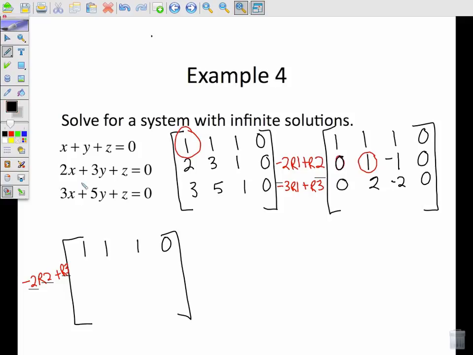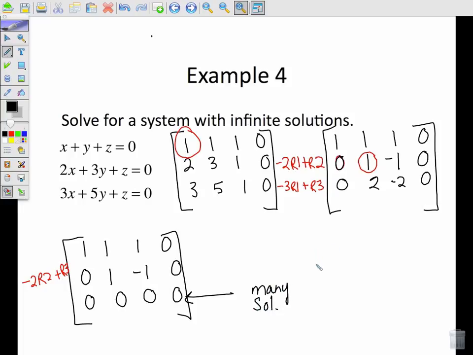And so we've got 0. This is my second row, and obviously it's not changing, but now I'm going to change my third row. 0 plus 0 is 0. Negative 2 plus 2 is 0. 2 plus negative 2 is 0, and 0 plus 0 is 0. And so right here, we get many solutions.